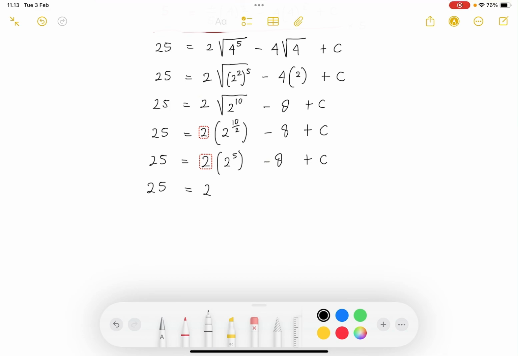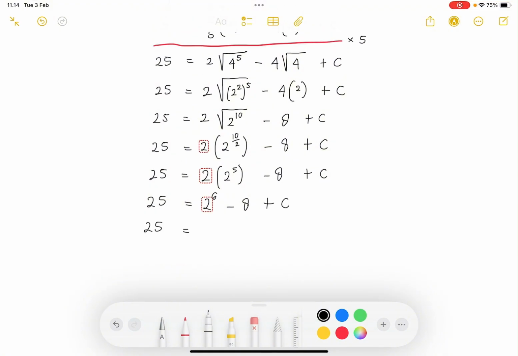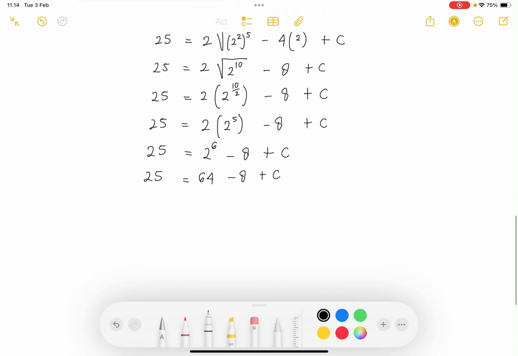That is 2 to the power of 6. Okay, 2 to the power of 6, what is it? That is 64 minus 8 plus c. 25, 64 minus 8, 56 plus c. So later, 25 minus 56 equals c.